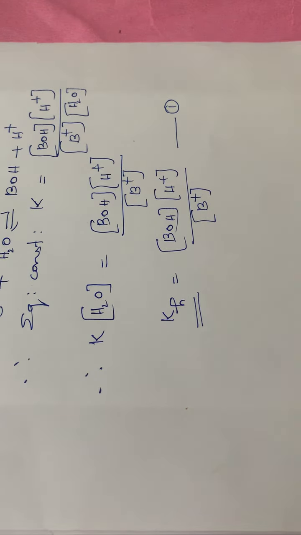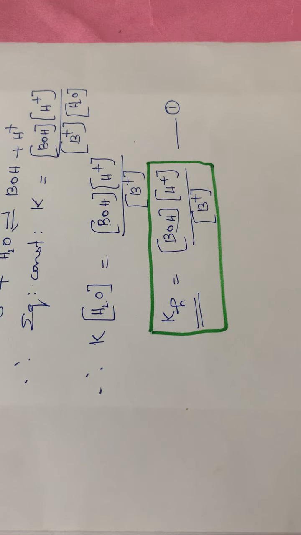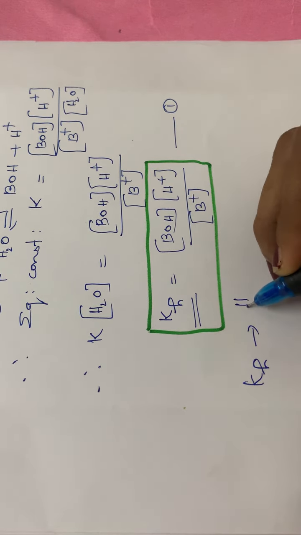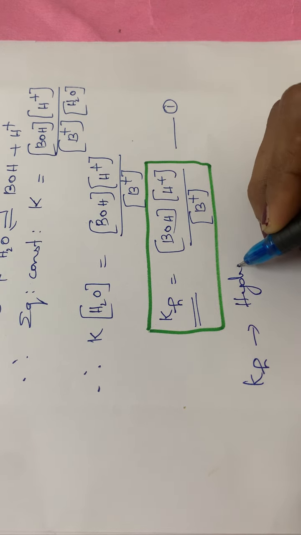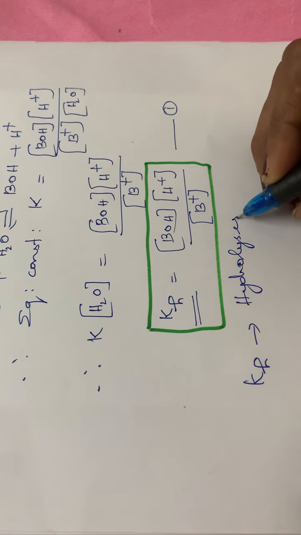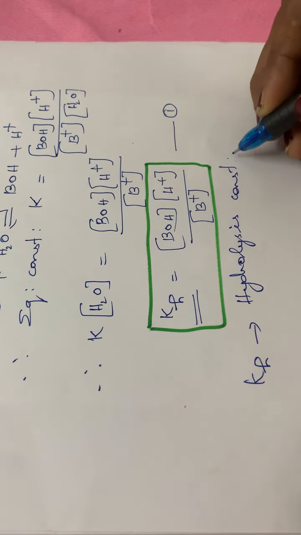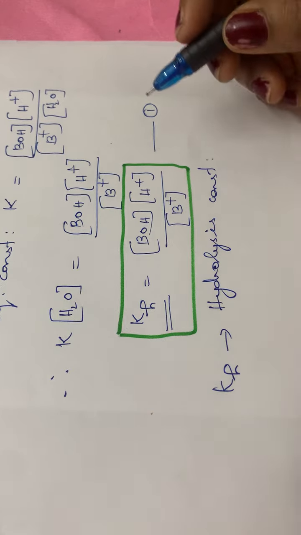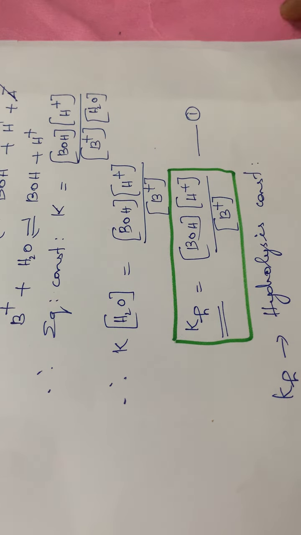Here KH is called the hydrolysis constant, or the hydrolytic constant. So this is a simple derivation using this particular equation.